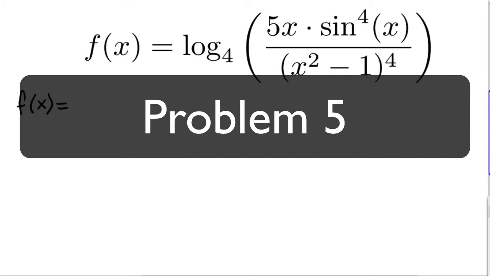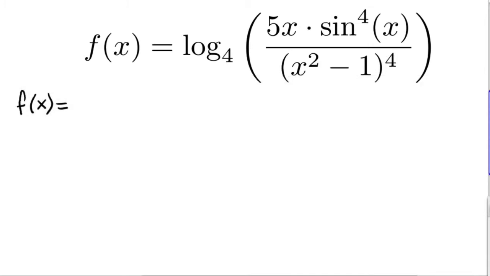So if I want to break this up all in one step, remember products on top turn into addition, and then the division is going to turn into subtraction when I break it up into the three logs. So what I'm going to have is log base 4 of 5x, and then plus, now here I have an exponent.